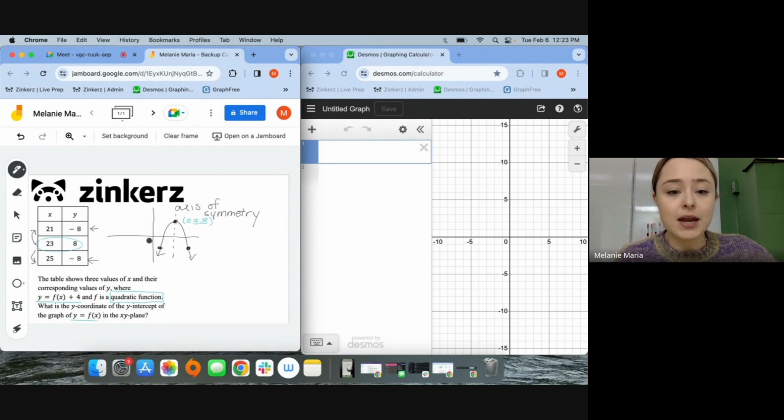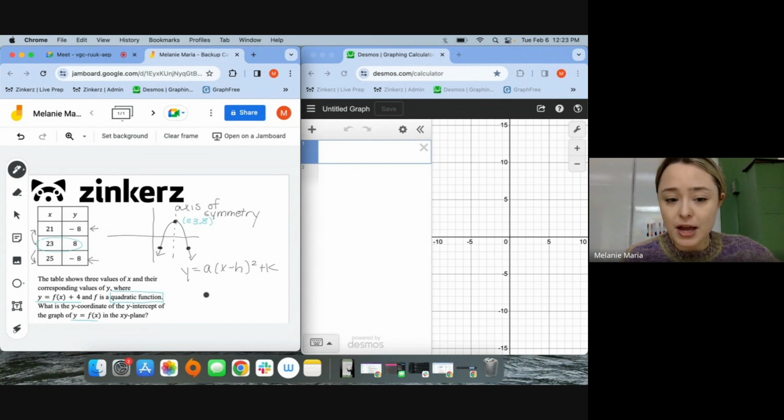So now what I'm going to do is use the fact that I have this vertex to write an equation for what this parabola might look like in vertex form. And if you remember, vertex form looks like this, where h and k are the coordinates of my vertex. A is that first coefficient, which tells me if it opens upwards or downwards.